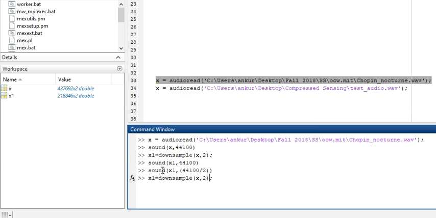So the same applies with the upsampling. Okay, let's upsample the piece by a factor of 2, and let's play it at the same sampling rate. In this case, since we're upsampling it and we are playing it at the same sampling rate, it should sound one octave lower.